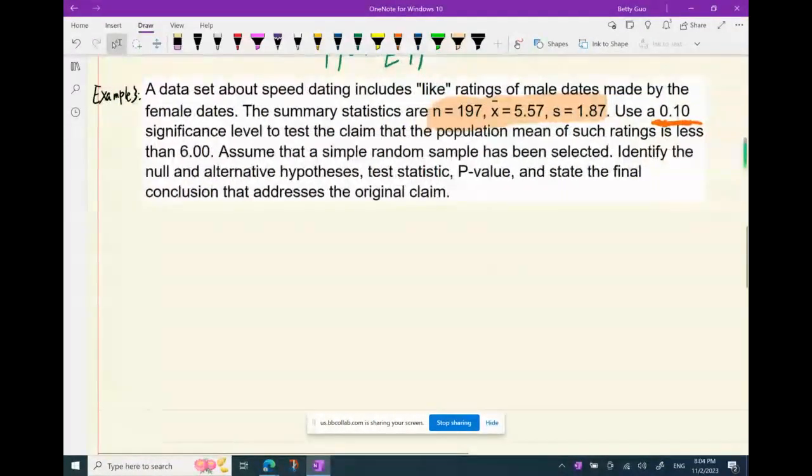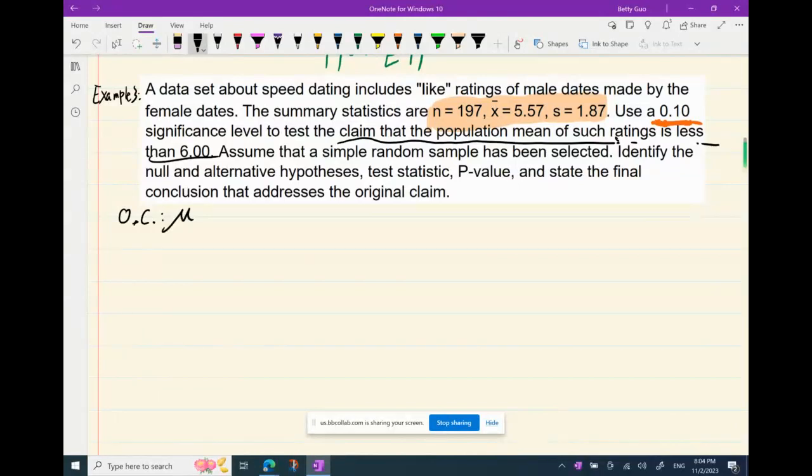To test the claim, we should be able to find the original claim here, that the population mean of such readings is less than 6. Okay, let me write it down. When I read the questions, at the same time I would take notes on my scratch paper. The original claim is the population mean mu is less than 6.